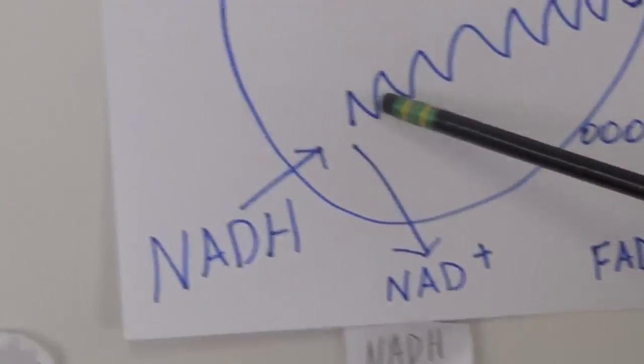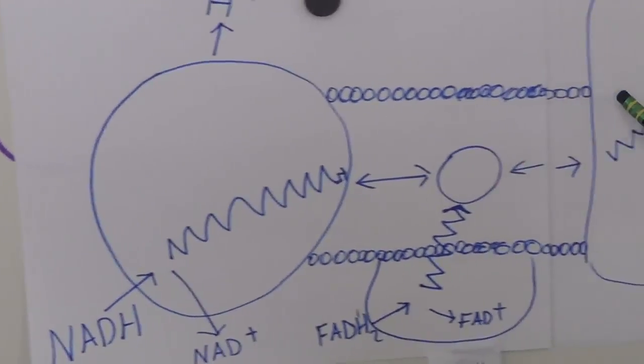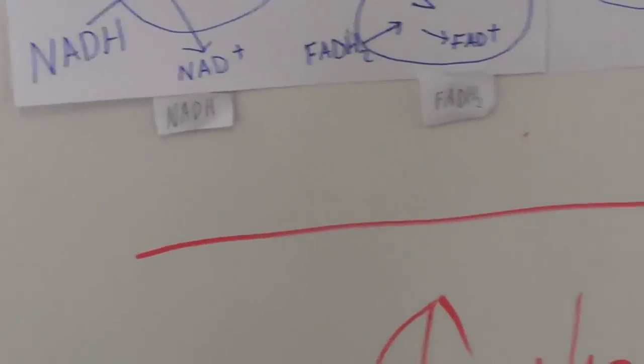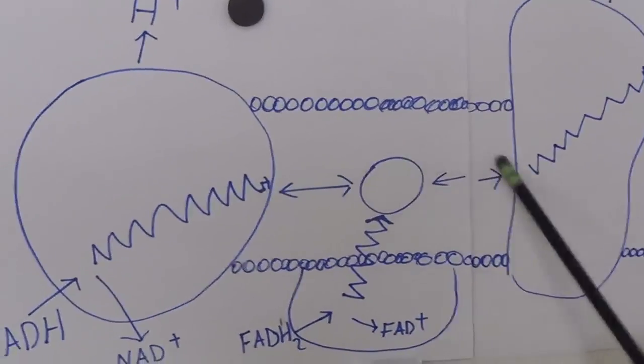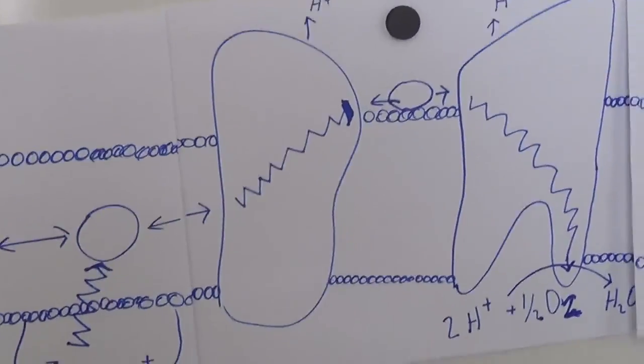This can normally produce 28 to 30 ATPs. The electrons are passed through each protein, which, as it goes along, each protein is increasingly electronegative. They're moved by carrier proteins that move between the big proteins.